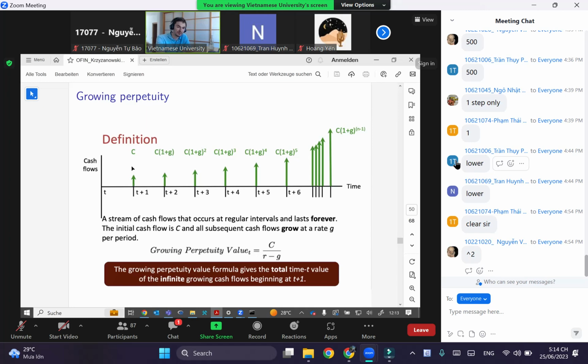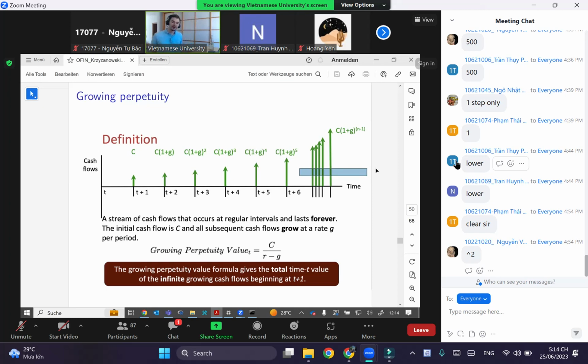And a growing perpetuity has regular payments based on this initial payment c, but then growing and continuing to grow by this factor g: 1 plus g in the first period, then 1 plus g to the power of 2 in the second or third period, and so forth. But in contrast to the growing annuity, here the growth never stops, right? Because these payments go on forever.